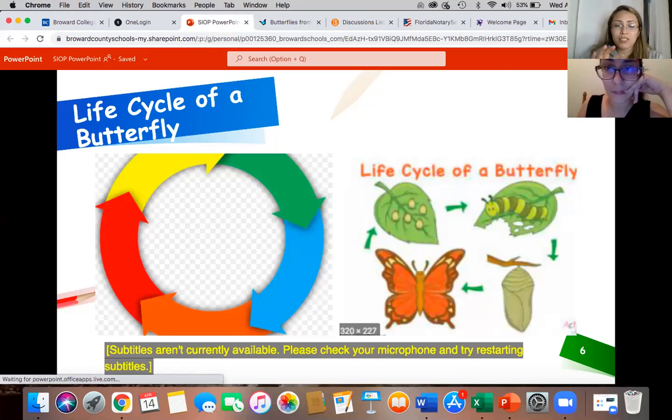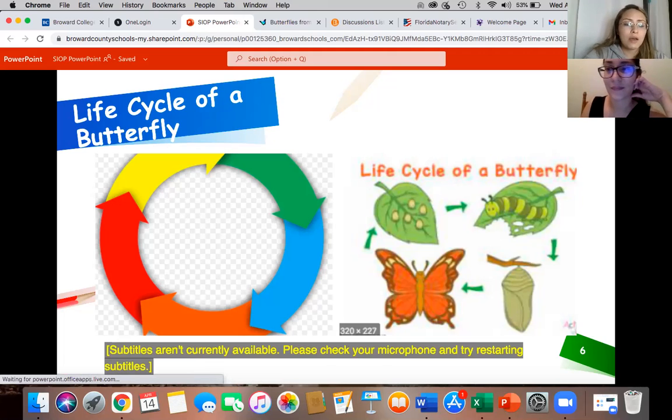Now, the word cycle itself means the continuation of an event. So it's something that happens constantly over and over. And that's why we show it as a circle, because it happens over and over.